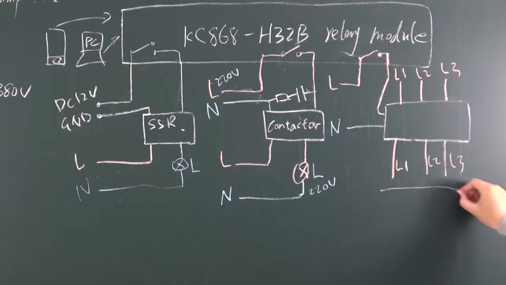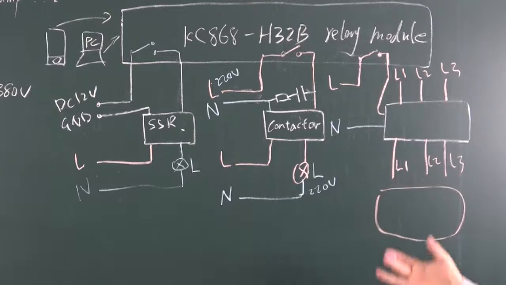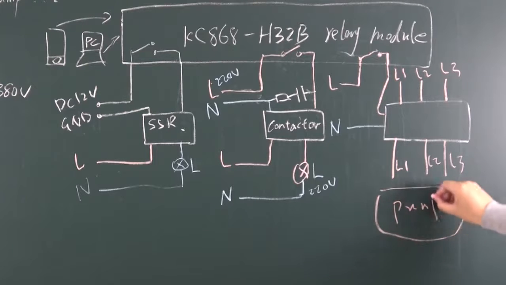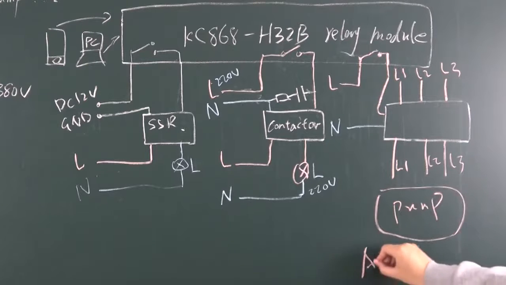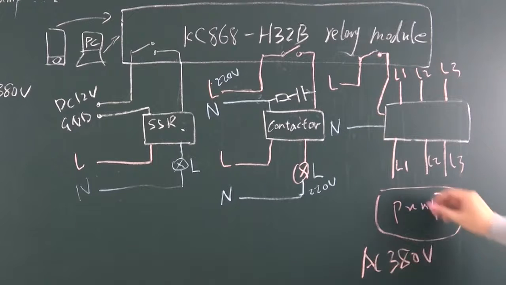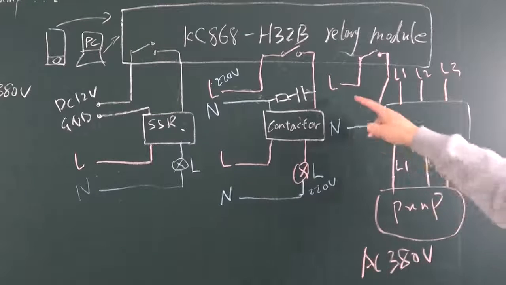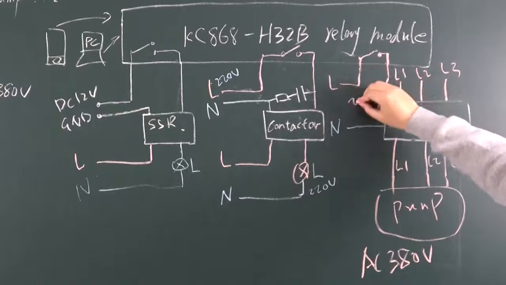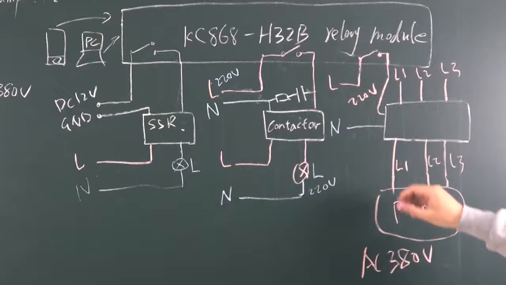Or maybe you will have a very large pump. This pump is AC 380 volt. It's a motor. If we give this power, this is single phase, so it's 220 volt.